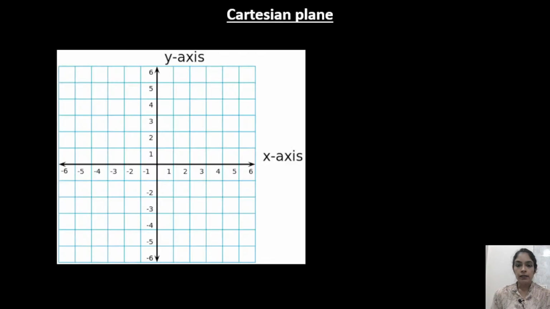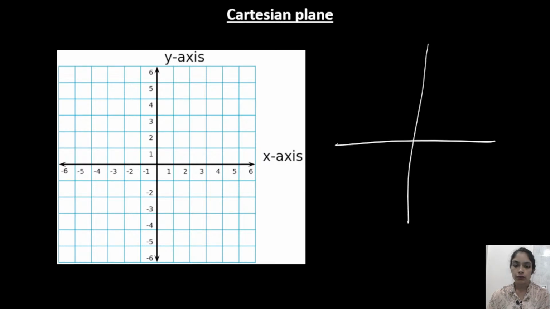Then the next part, the Cartesian plane. Like at the start of the chapter, I have explained what a Cartesian plane is. When two number lines are perpendicular to each other, that plane is known as the Cartesian plane. It looks like this.